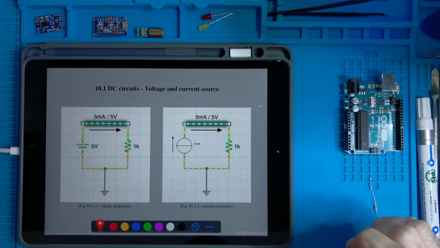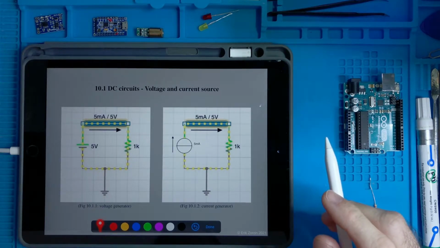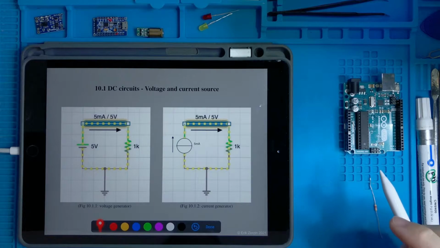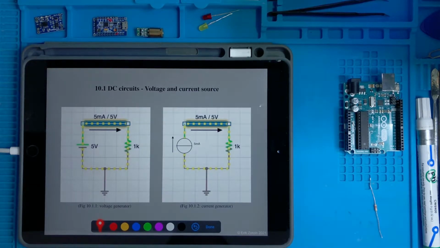So we have to understand one very important thing. So really what moves in a piece of wire are electrons, and they are negatively charged. But in electronics, for historical reasons, we don't think of moving negative charges, but moving positive charges the opposite way.